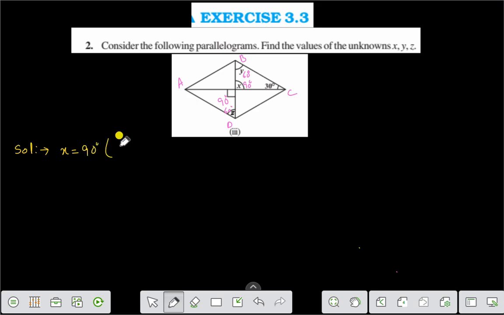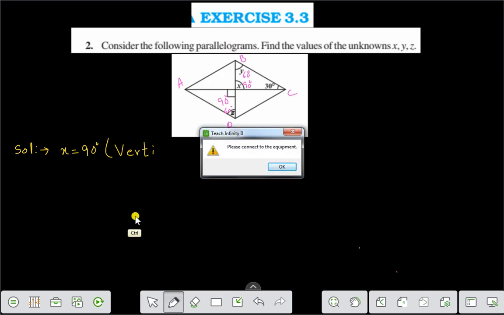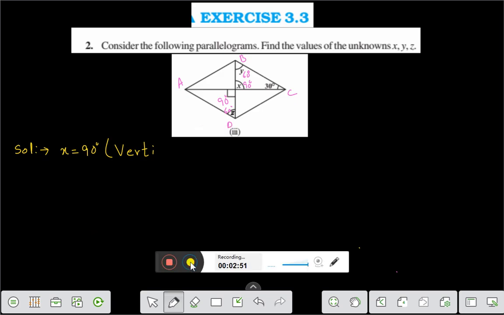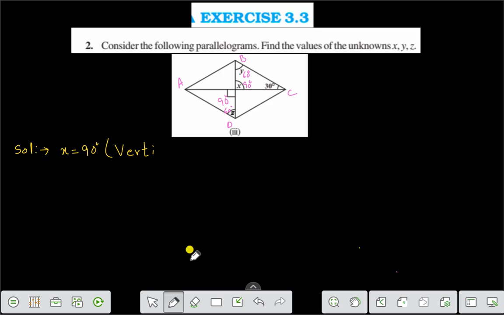The reason is this is vertically opposite angle. Here you see again that is x. X is equal to 90 degree because this angle is 90 degree. Therefore, it is vertically opposite angle.